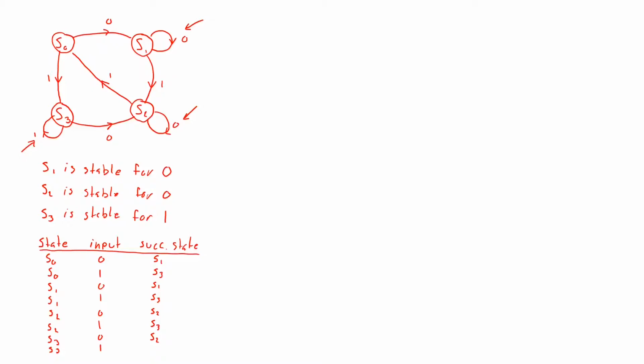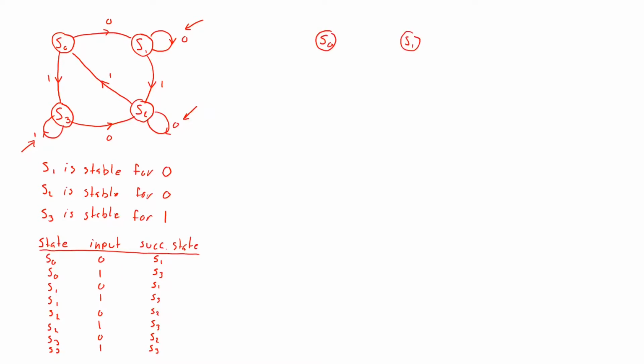And if we have the input 1, we just stay in the state S3 because this is stable for the input 1. Since all states have successor states for all possible inputs, we know by definition that our graph is asynchronously realizable. Let us also see an example of a graph that is not asynchronously realizable.